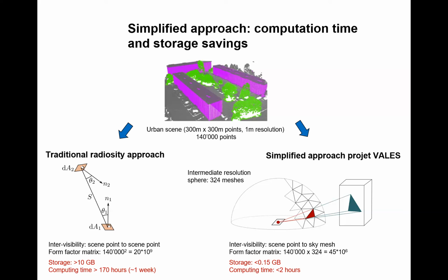So we consider whether there is any obstacle that will cause some reflection on the scene. It means that instead of having billions of points, we have only some millions of points. That reduces the storage and the computation time dramatically. We decrease from one week to one or two hours of computation time using this scene, and also using just a prototype of code written in MATLAB, which is not so efficient, but anyway, you can see the difference.